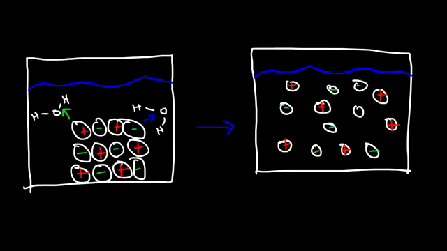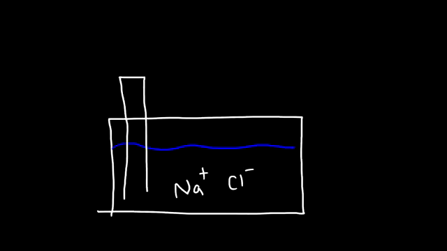So when you have a saltwater solution, because you have ions in the solution, this solution is electrically conductive. You can conduct electricity. So let's say, for example, you mix sodium chloride with water, and you take 2 copper electrodes.